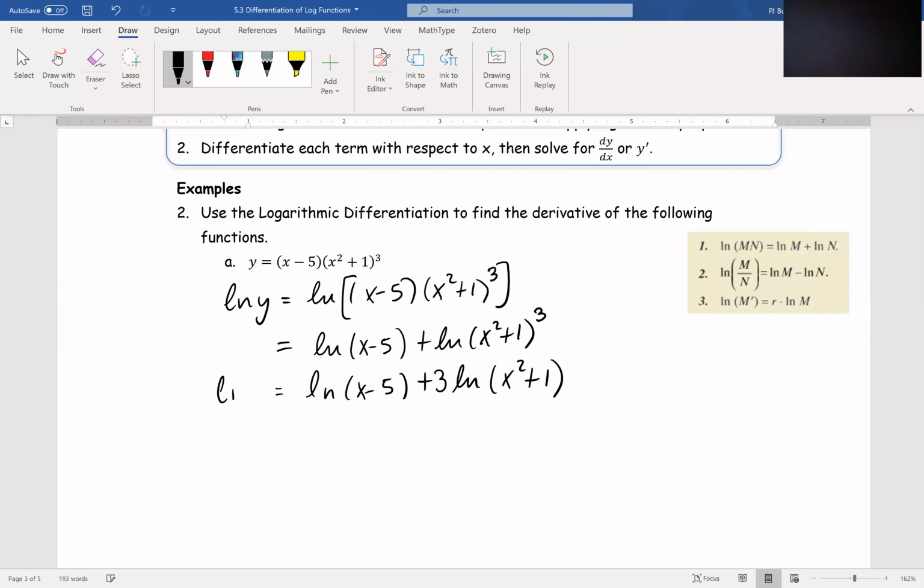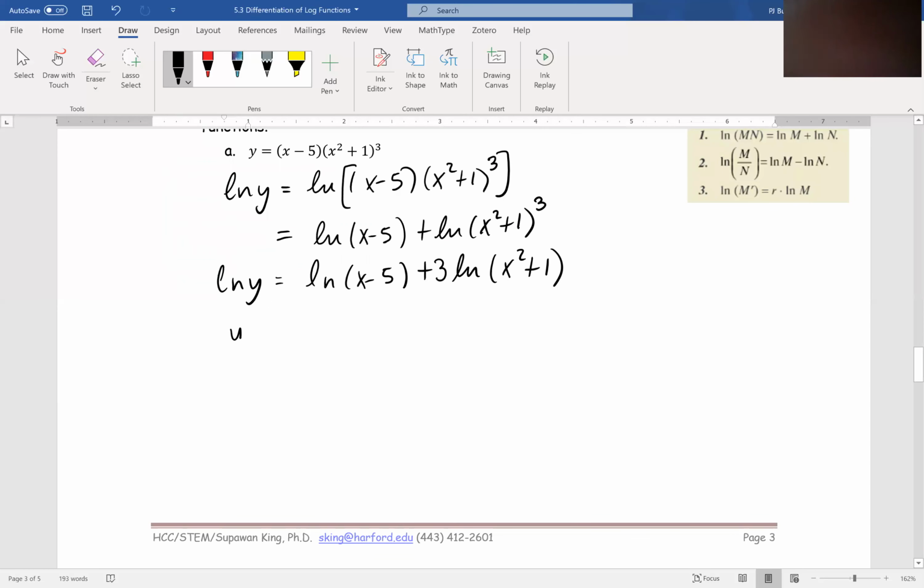So I've got log y on one side, and I've got log of 2 other things on the right. Now notice it says up here, differentiate y with respect to x. Well, we did implicit differentiation, which means when I take the derivative of the natural log of y, I get y prime over y. The reason for that is the derivative of natural log is 1 over, so I get 1 over y, and then I have to attach a dy dx or a y prime to it.